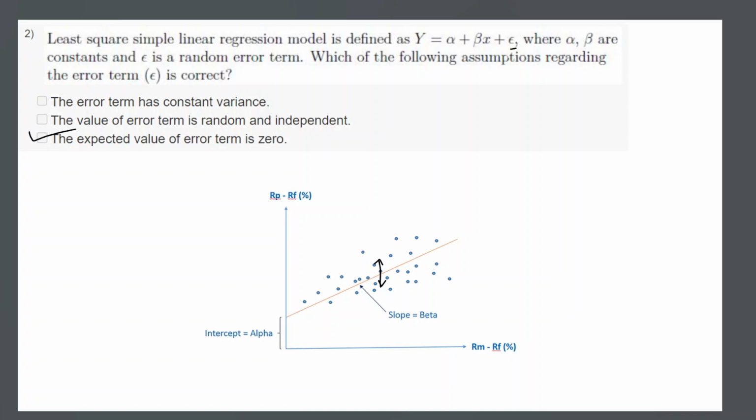So as we have discussed earlier, the expected value of the error term should be 0 because that is what our expectation is. The error should fall close to the 0 line. So that gives us the best fit.